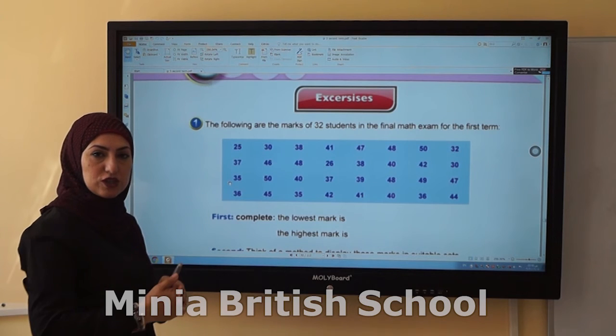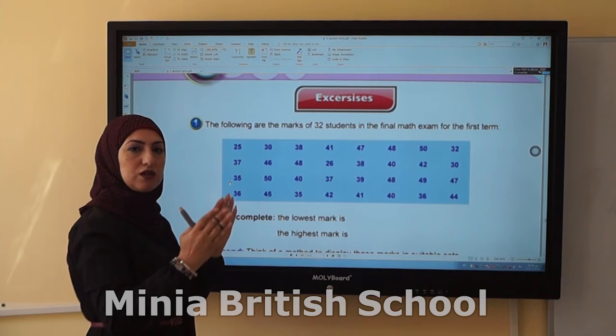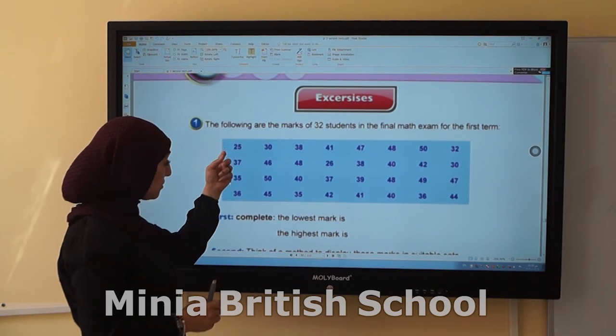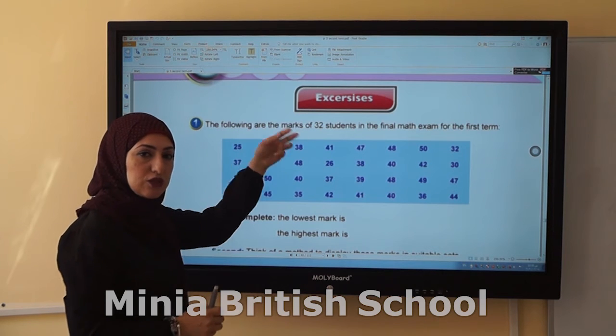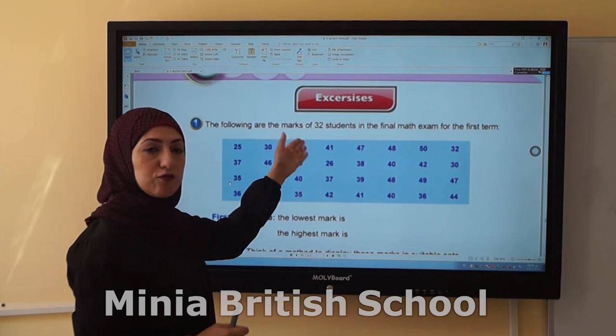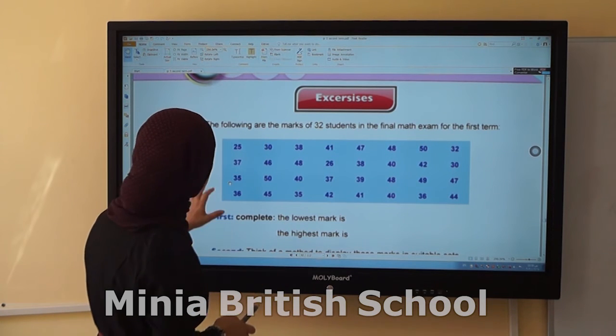Or I prefer to put them in 5 marks: from 25 to 30, from 30 to 35, from 35 to 40, from 40 to 45, and the last step from 45 to 50, which is the highest mark, okay?